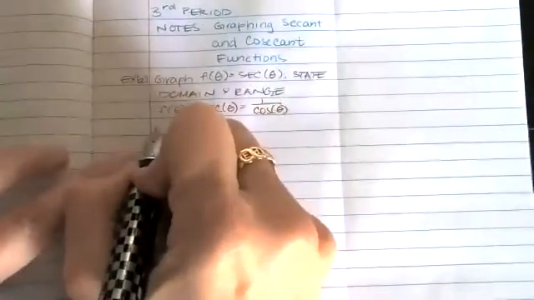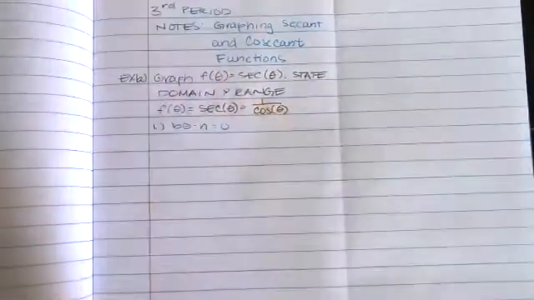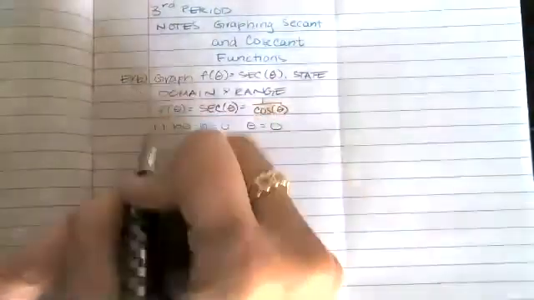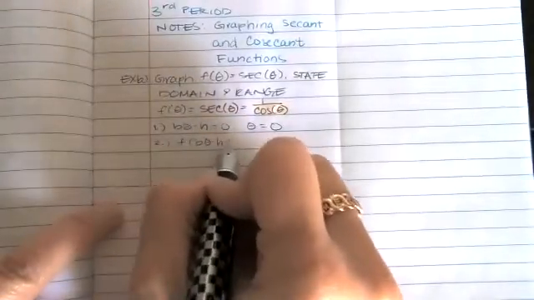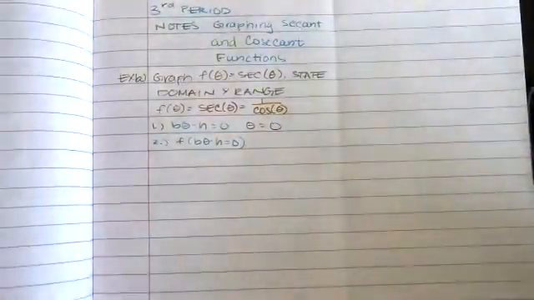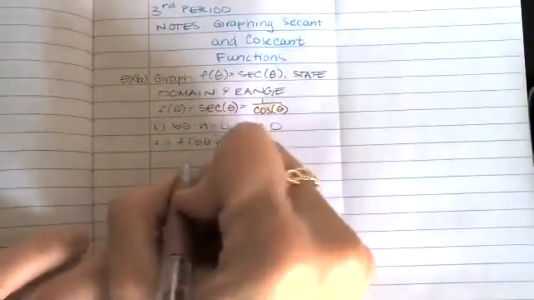So the first step, if we set b theta minus h equal to 0, we get that theta equals 0 because this is a parent function, so there's no horizontal or vertical transformations. And when we plug this in, usually this step is pretty tedious, but in this case, we've got the secant of 0.